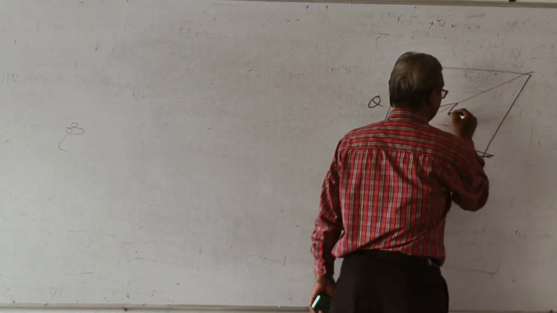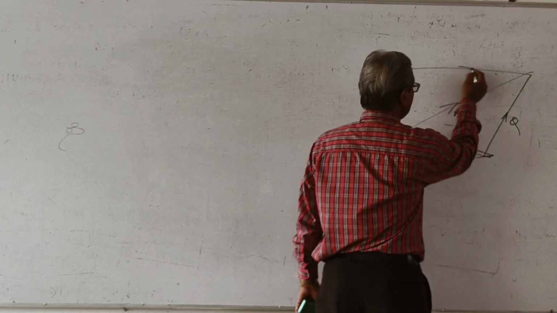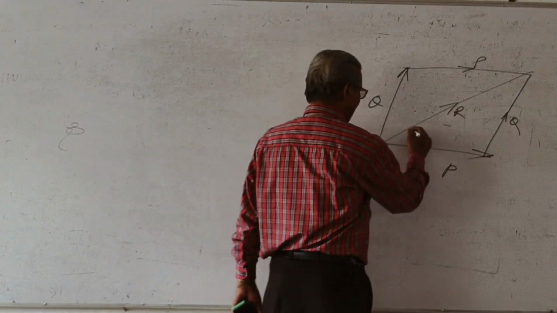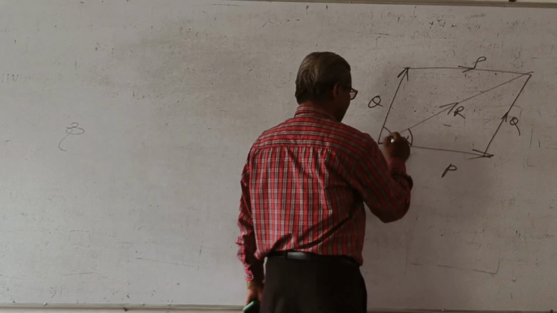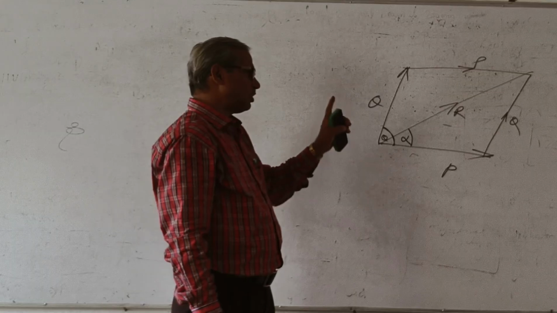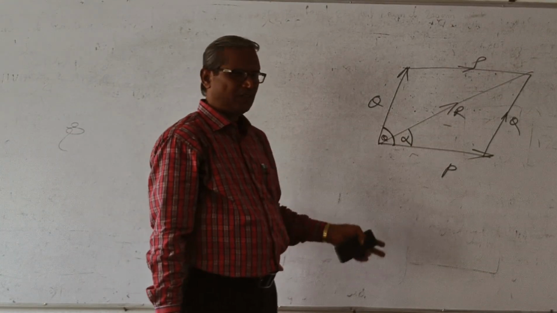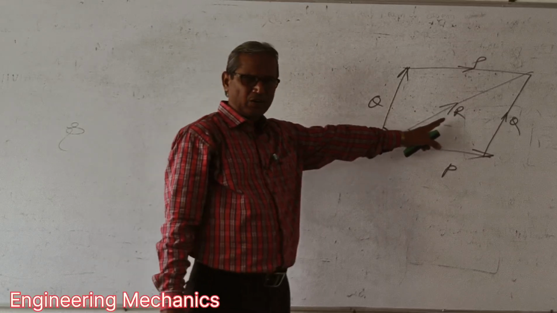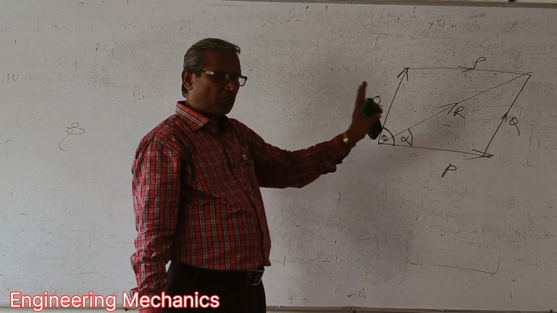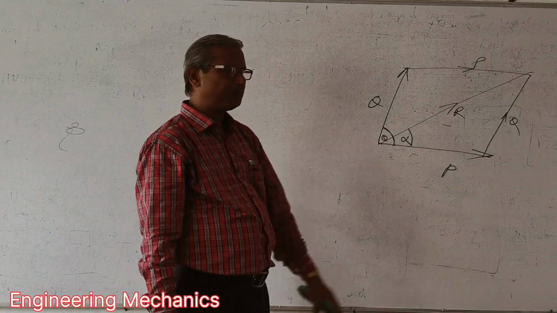This is the general force R. This is Q, and this is P. This is angle alpha, and this is angle theta. We will find out the forces P and Q, or we will find out the resultant R. If P and Q are given, R can be found. If R, theta, alpha are given, P and Q can be found. Any quantity can be found by using this method.